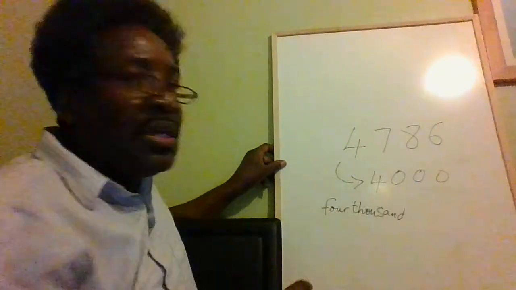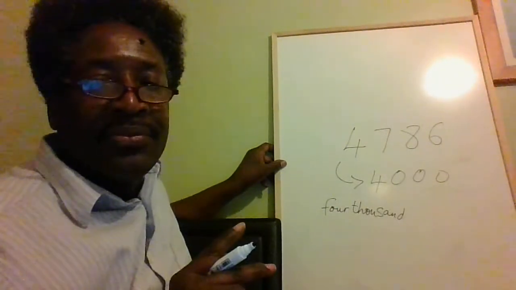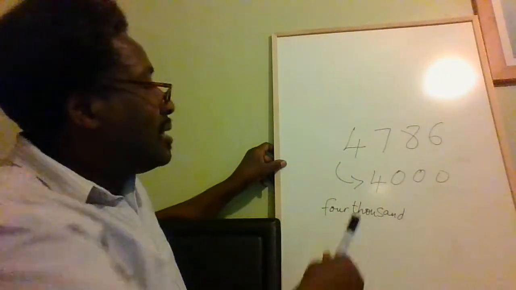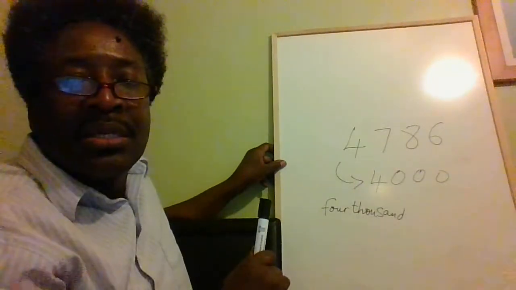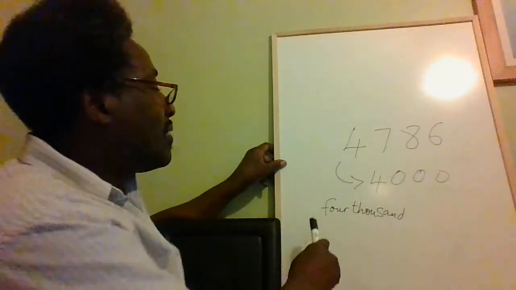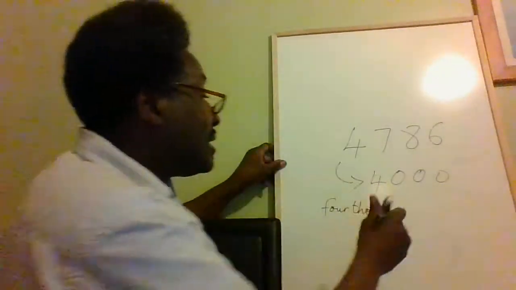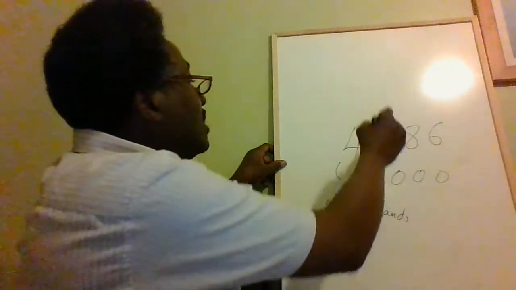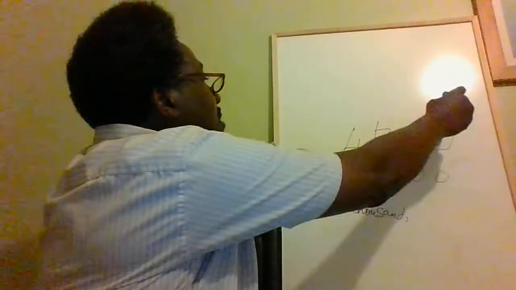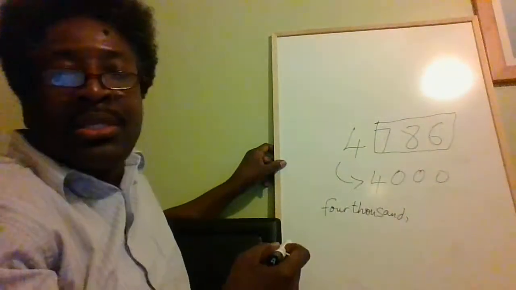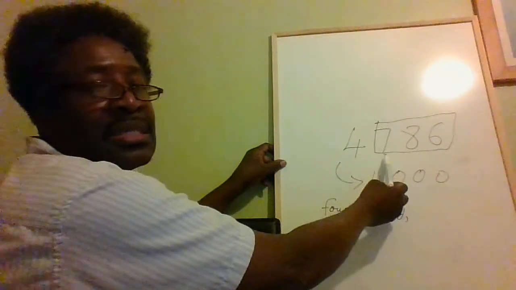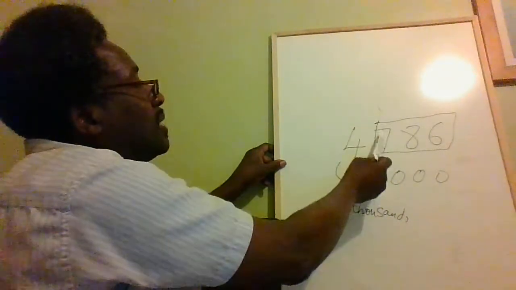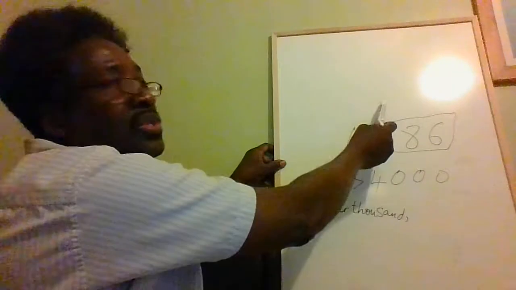4,000. Don't use and yet. Remember, with three-digit numbers, straight away we say and. Now, we are doing four-digit numbers. Don't use the word and yet. You say 4,000. This time you put a comma. Then you now say this number in words. This number clearly is 786 because this 7 is in the hundreds place value, so the value of this 7 is 700.